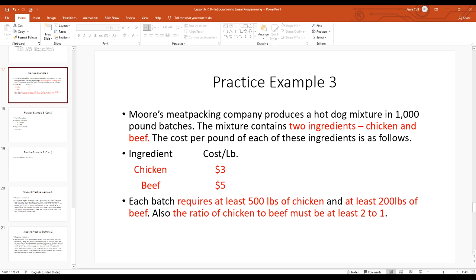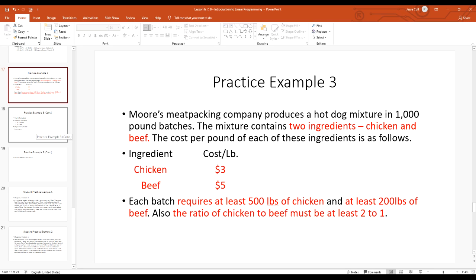When we are producing something, do we want to spend more money? If we're a company looking to profit, do I want to spend as much money as possible manufacturing or as little money as possible manufacturing? In this situation, I want to spend as little money as possible. So this becomes a minimization, relating our decision variables, chicken and beef, to cost, $3 and $5.